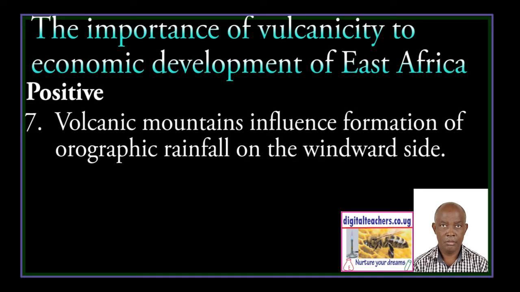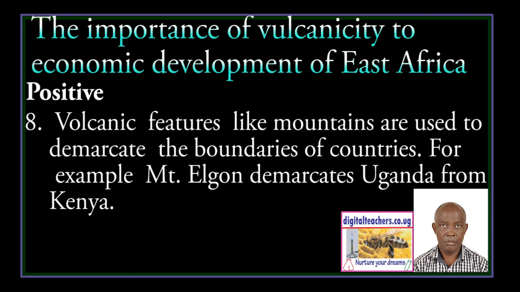Volcanic mountains influence formation of orographic rainfall on the windward side. Volcanic features like mountains are used to demarcate the boundaries of countries. For example, Mountain Elgon demarcates Uganda from Kenya.